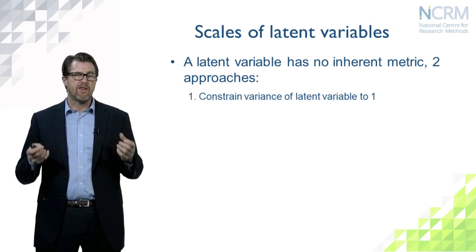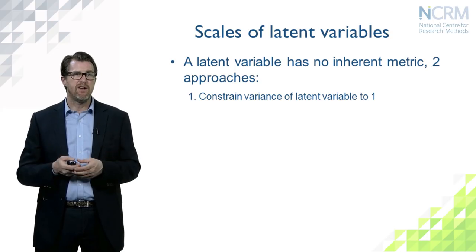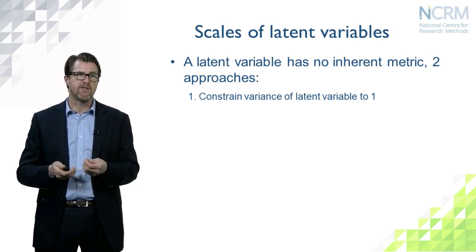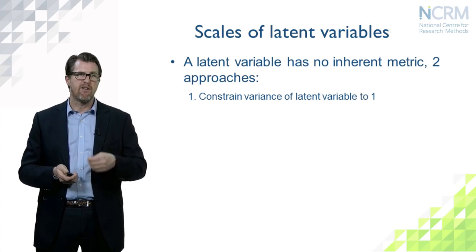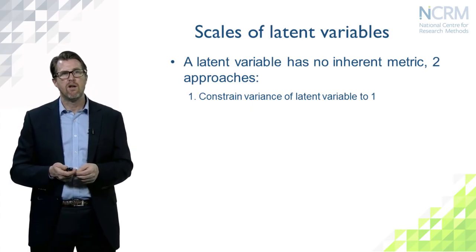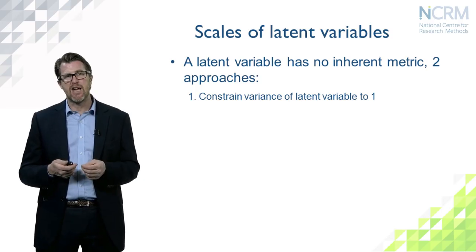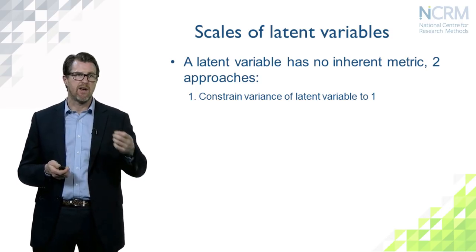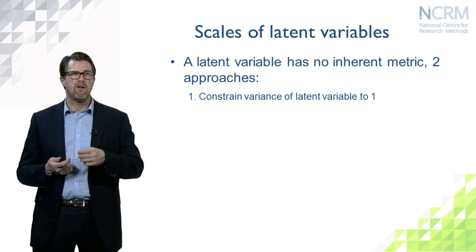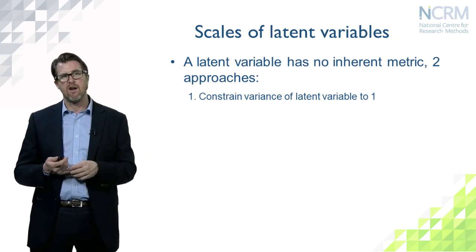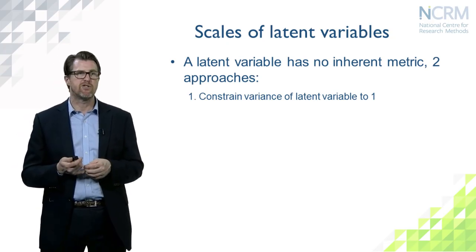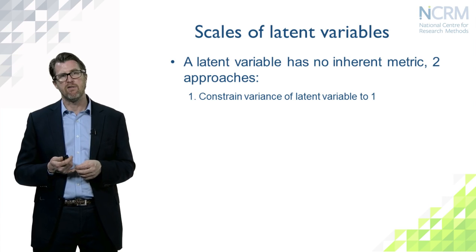And this has some benefits, but the downside, of course, is that we no longer have an unstandardized solution. If we require all latent variables to be measured in standard deviation units, then they don't have any retention of the unstandardized metric that they could be given.